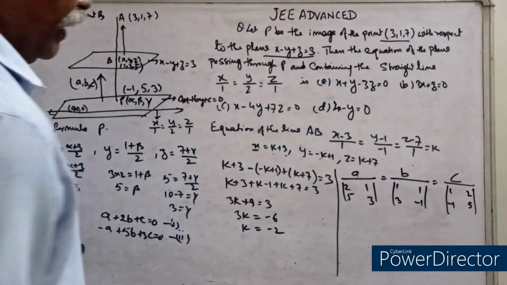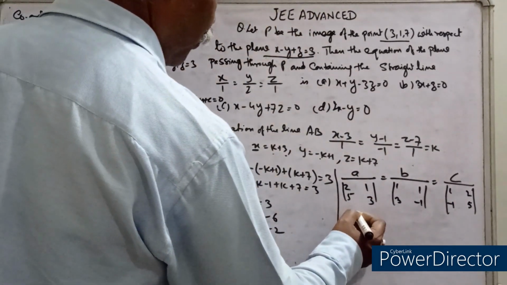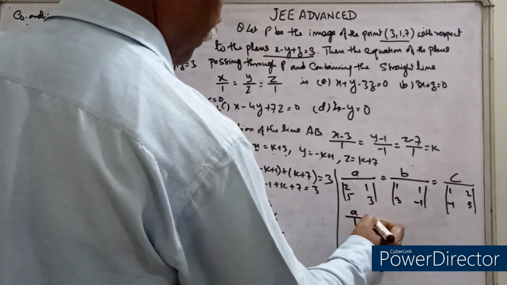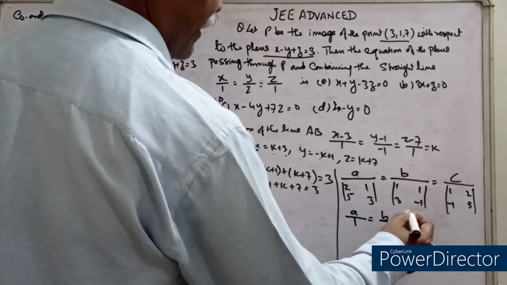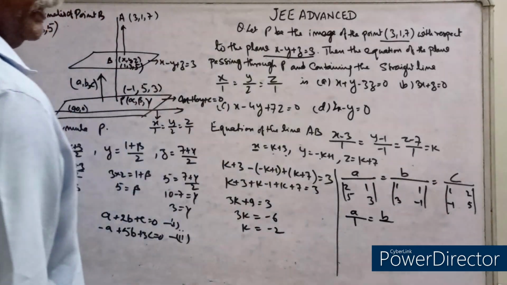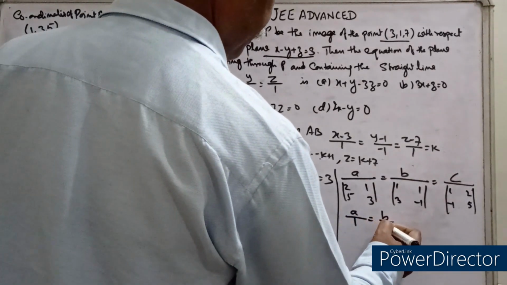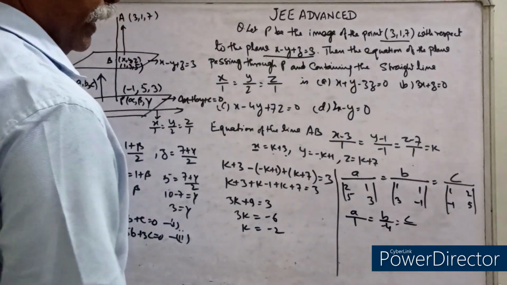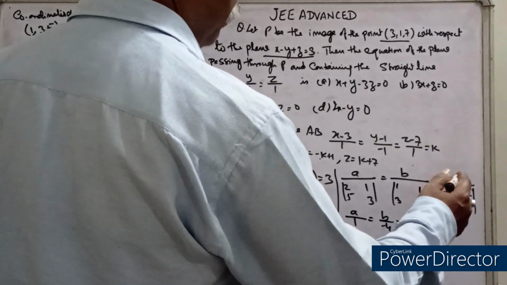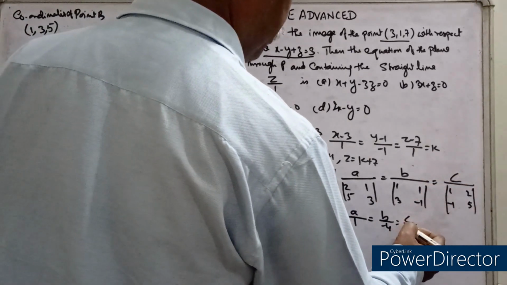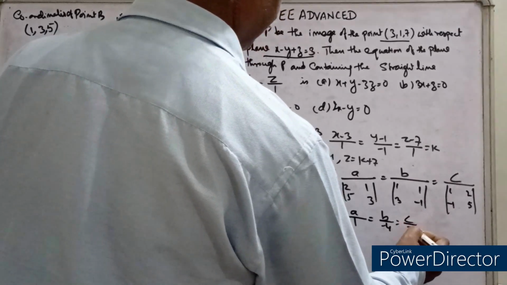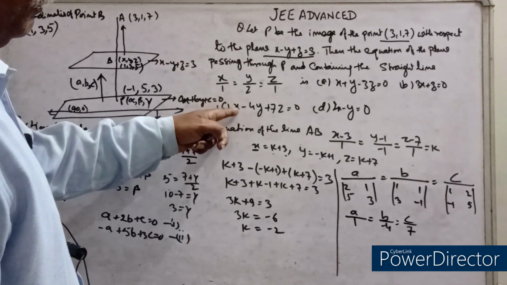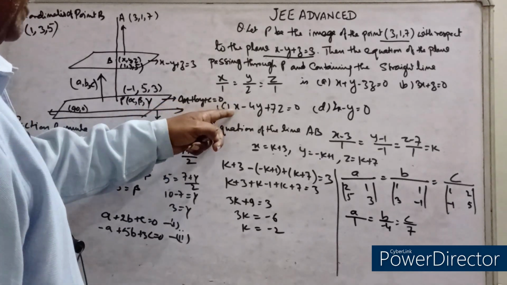Now if we calculate it, it comes out to be 6 minus 5, 1, minus 1 minus 3, that means minus 4, and here this will be plus 5 plus 2, this will be 7. So this will be the answer.